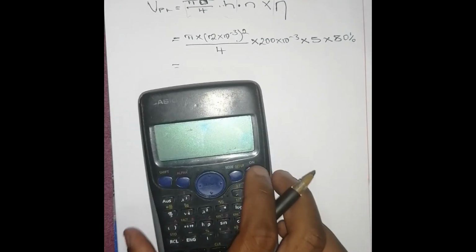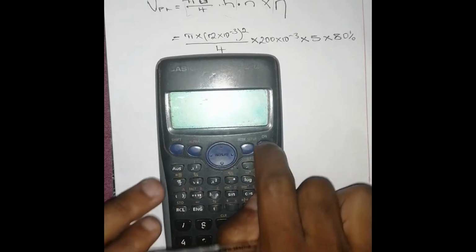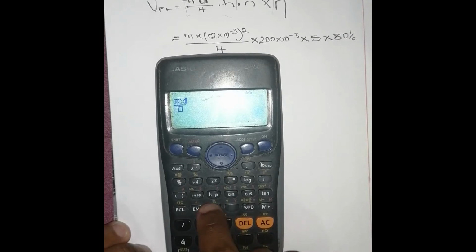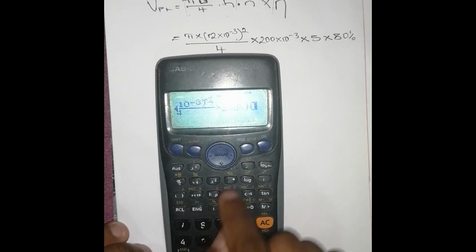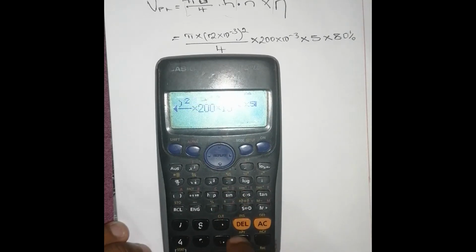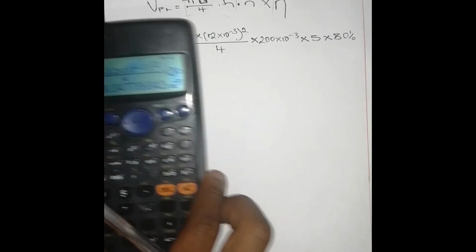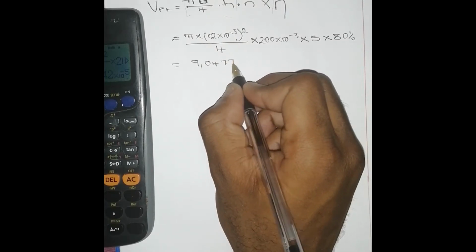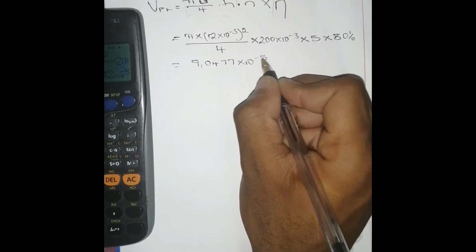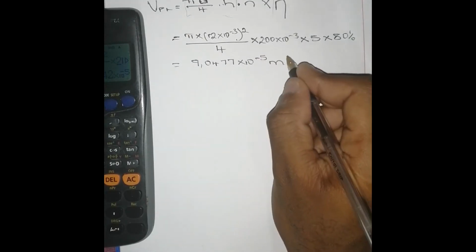And if we punch this into the calculator, pi times 12 times 10 to the power negative 3 all squared over 4 times 200 times 10 to the power negative 3 times 5 times 80%, this gives us 9.0477 times 10 to the power negative 5 meters cubed.